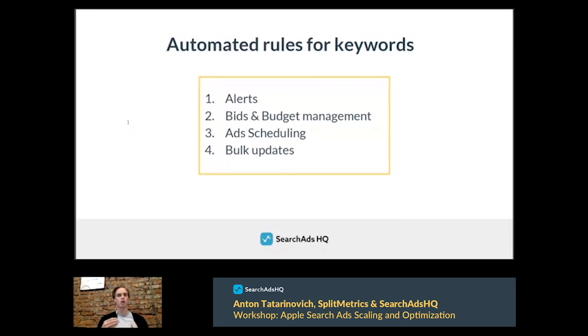He has to operate keywords, change bids, count everything out in spreadsheets. This is just a pain. So the healthy way is to automate this flow, right? You may do it in your Apple Search Ads automatic rules, which will automatically manage your keywords based on certain events inside your ad campaign or ad group.